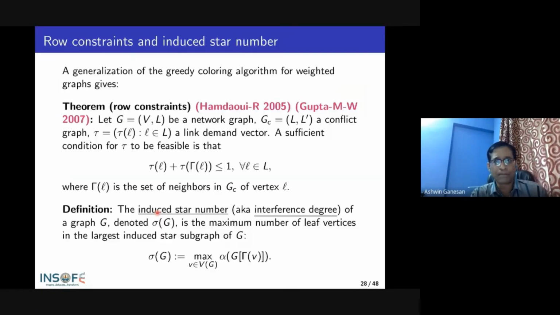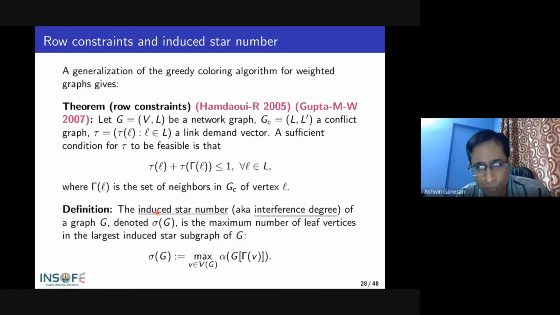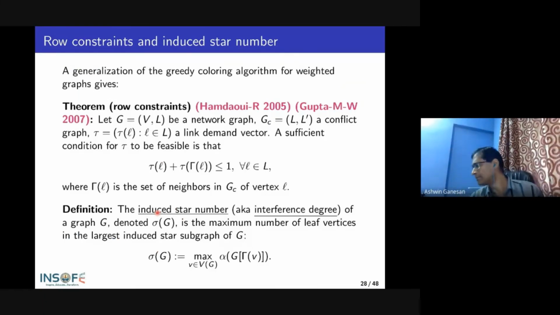I'm going to now go to another interesting problem, which is a generalization of the greedy algorithm for weighted graphs. So you all know the result that if you have a conflict graph G_C and you want to color the conflict graph, the chromatic number of the conflict graph is less than or equal to 1 plus the maximum degree of a vertex. Right?